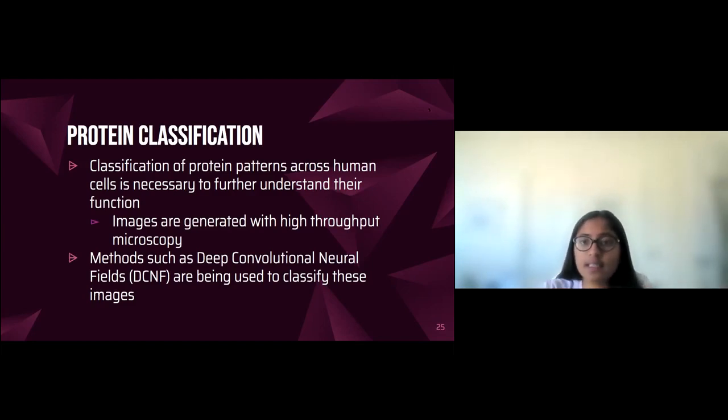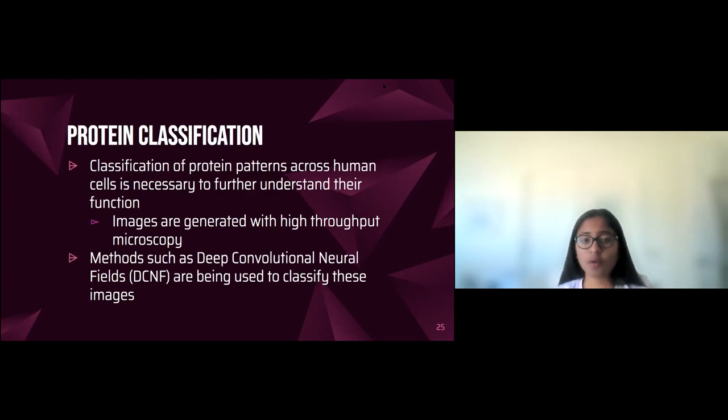This is important because proteins with similar structures have similar functions. So if we can group them together based on their pattern, function, or structure, then we can understand more about how they're interrelated and what their possible functions could be.